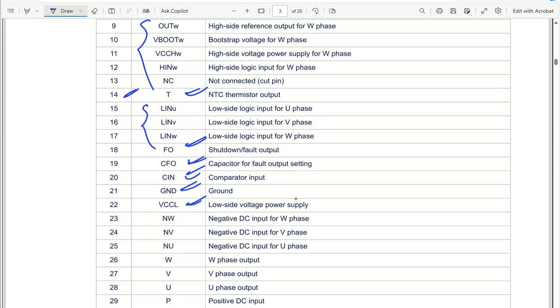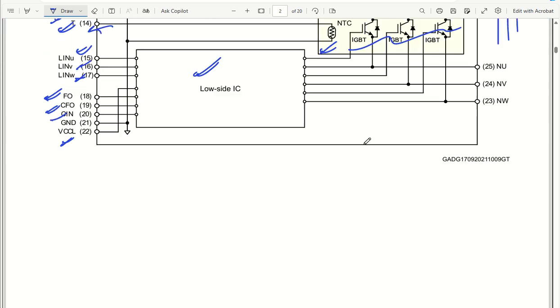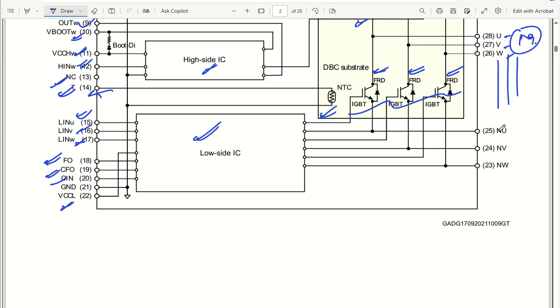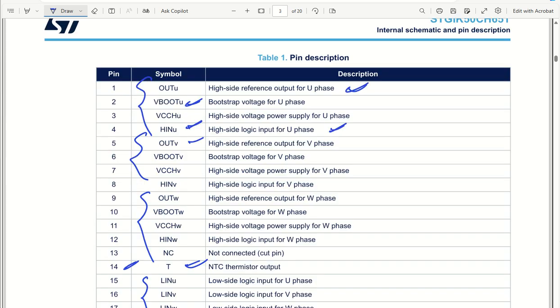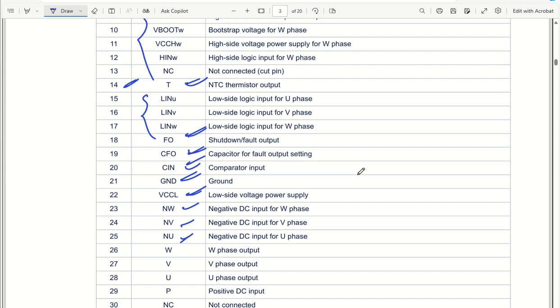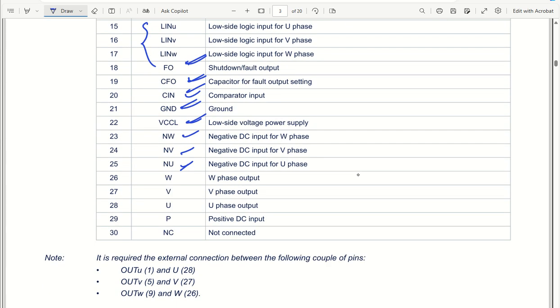Coming back to NW, NV and NU, which I was talking about here, these three pins are going to be used as the negative DC input for W phase, V phase and U phase.